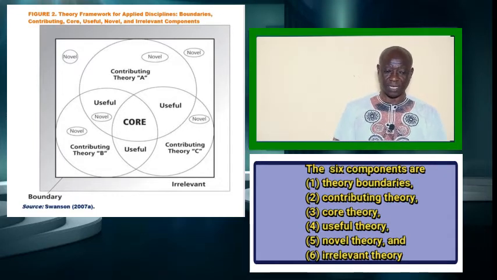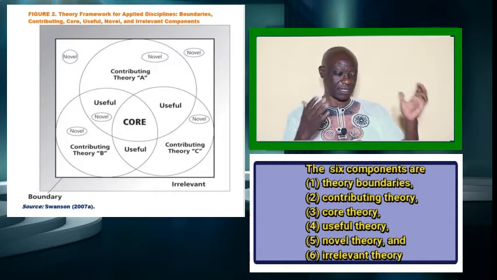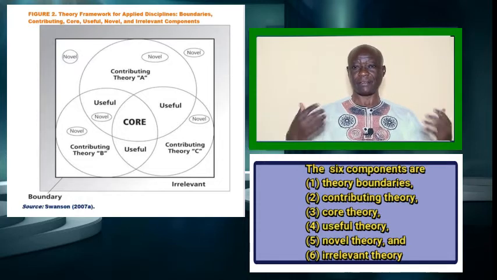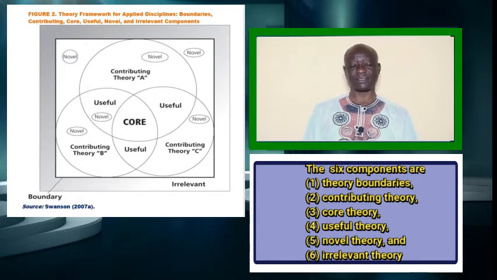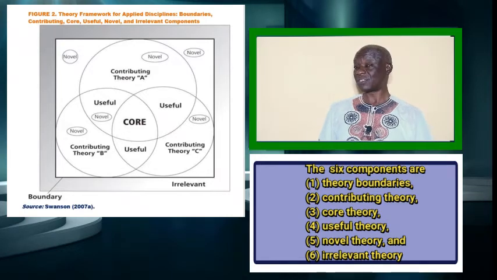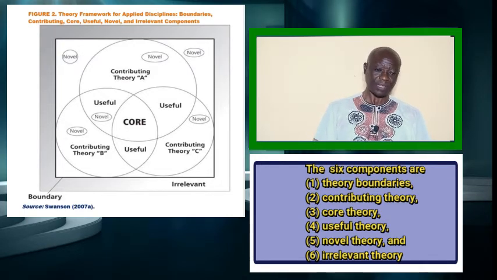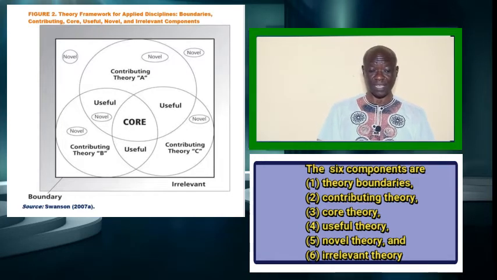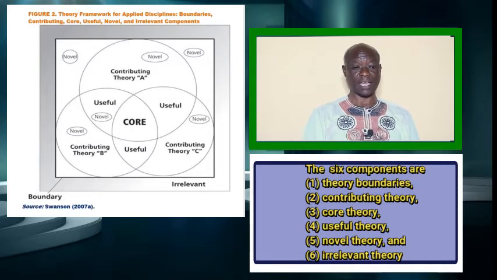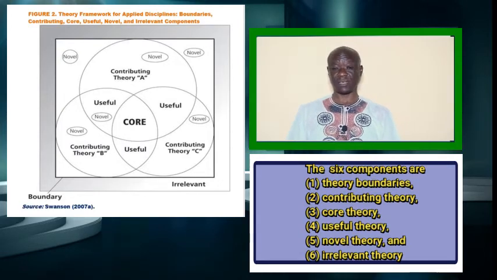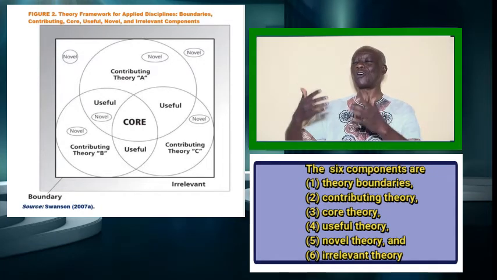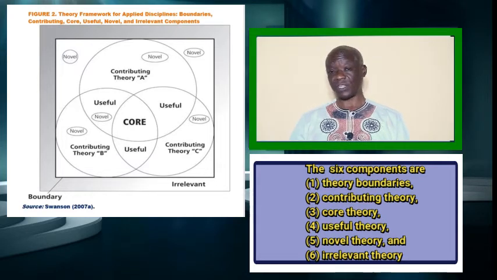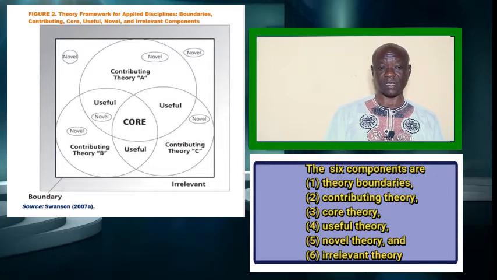So again, as you can see, we move to another category, and if you're looking at our Venn diagram, you see what we call irrelevant theory. An irrelevant theory is any theory that falls outside the theory boundary, outside contributing theories, outside the core theory, and outside the useful theory of the applied discipline under consideration, with no compelling evidence of its usefulness or logic supporting its potential for a novel contribution, ladies and gentlemen.